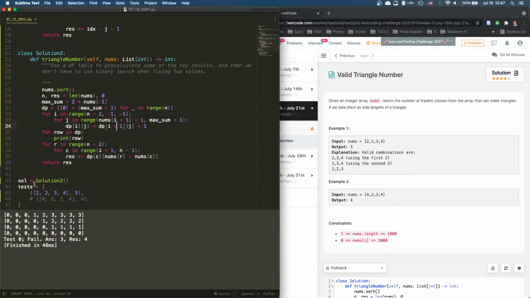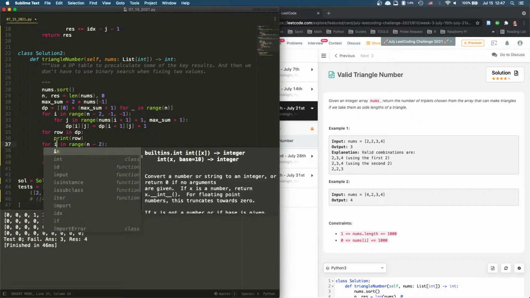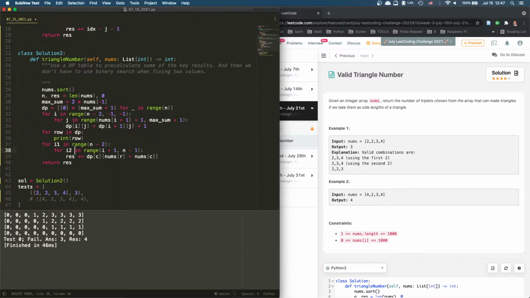I shouldn't say row and column. It's just the first one and the second one. The first one going from here, and the second one going from here. I don't like this. I like to say it's the first and second, like index 1, index 2, and this can be index 1. This is index 2, and index 1, and index 2.